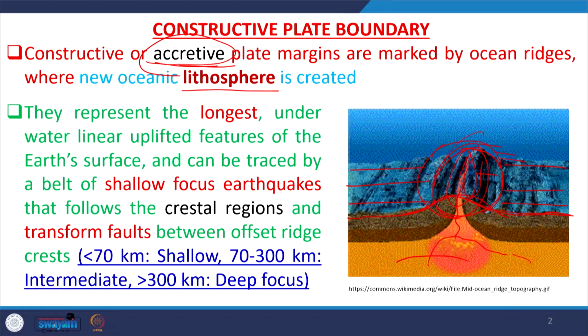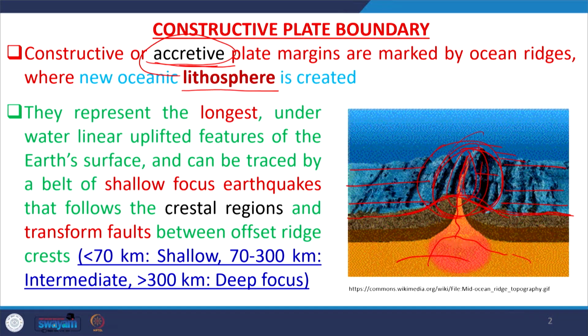This is the underwater mountain chain, and it is represented by shallow focus earthquakes along the crestal region. This is the crest, and in this crestal region there are a number of faults, normal faults, about which we will talk in detail at a later time.